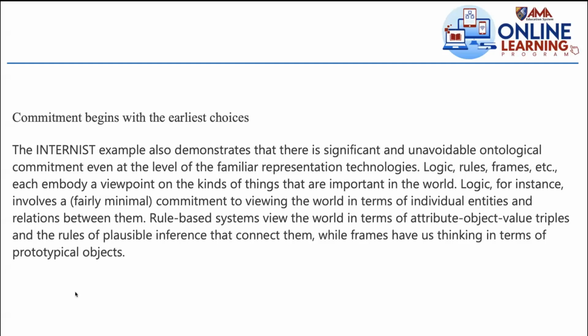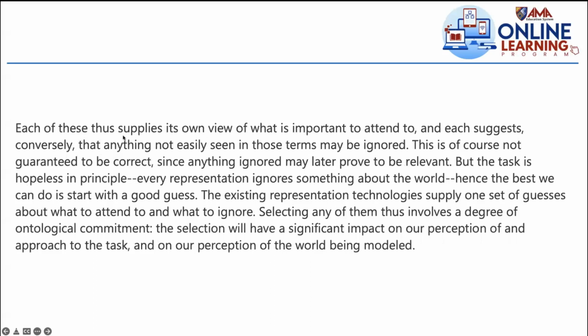It's similar because in AI machines, we're mimicking the behavior of humans. Okay? But again, it's an imperfect surrogate. It's not really exact. Now, to proceed, each of these techniques supplies its own view of what is important to attend to.